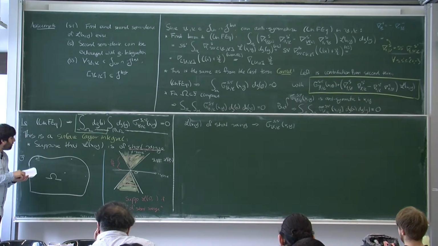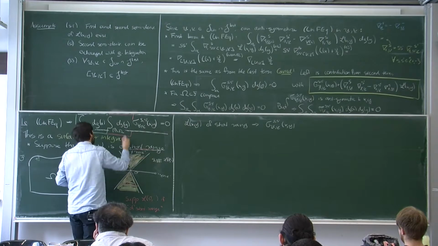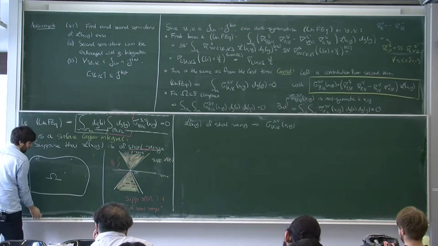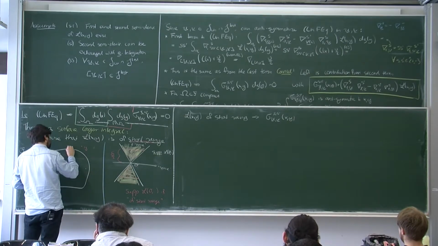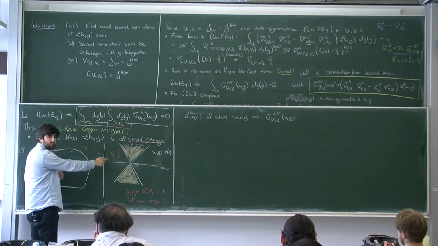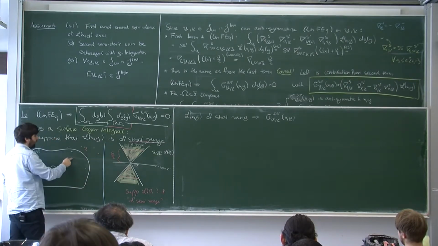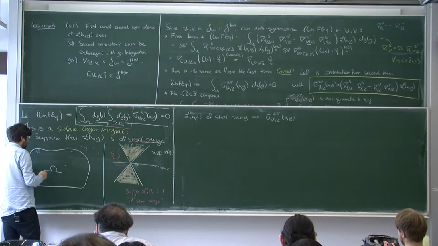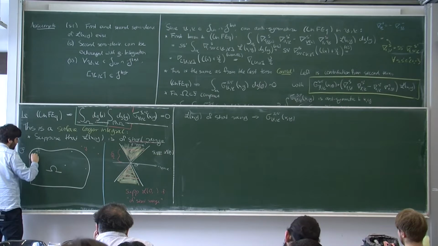And then I look at the second part of this integral. This is y. Well, y needs to be outside of omega. So the y could be here, or here, or here. Okay? But now if L is of short range, and x needs to be inside omega, and y needs to be outside of omega, it follows immediately that x needs to be in a strip of width delta.